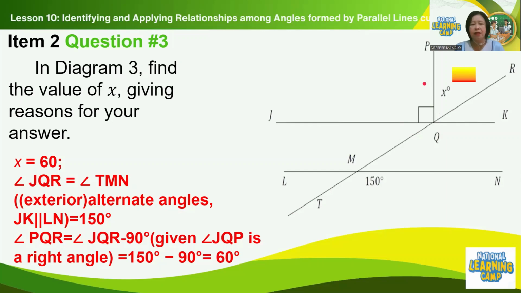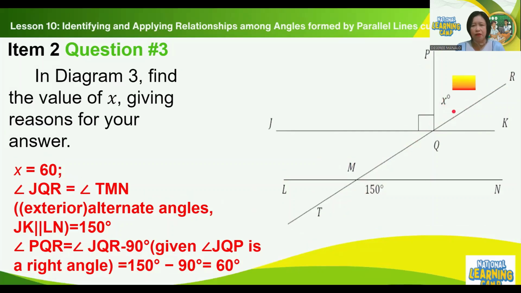So to find the value of angle PQR, you have to subtract 90 degrees from angle JQR. So 150 minus 90 degrees is equal to 60 degrees. So x degrees is equal to 60.